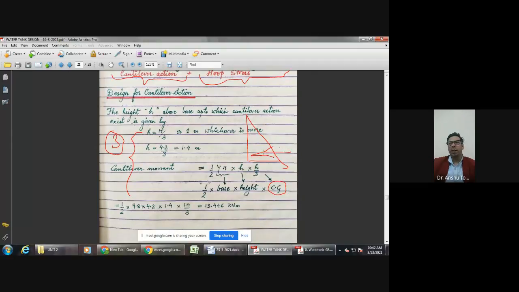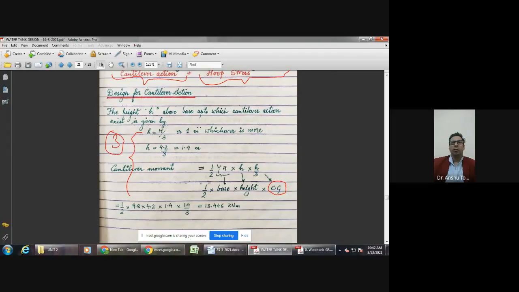This is the center of where it is applied. This is the zero at the top of the wall. And base is gamma H. Gamma is the unit weight of the water. And this is the height. And this is the smaller one, which is 1 meter.